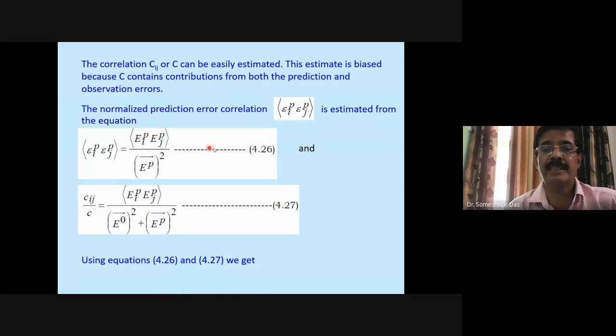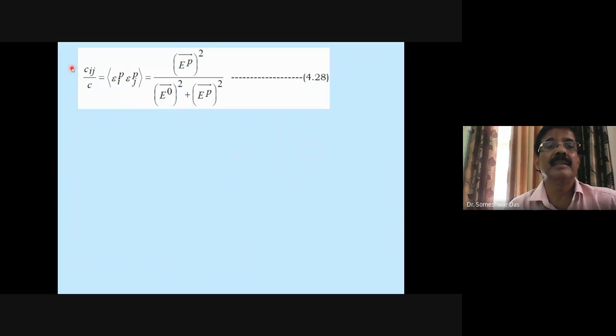Using equations 26 and 27, these two equations, we can write the ratio of Cij divided by C is equal to the covariance matrix or error correlation epsilon IP times epsilon JP, equal to the ratio of EPS square divided by EOS square plus EPS square.